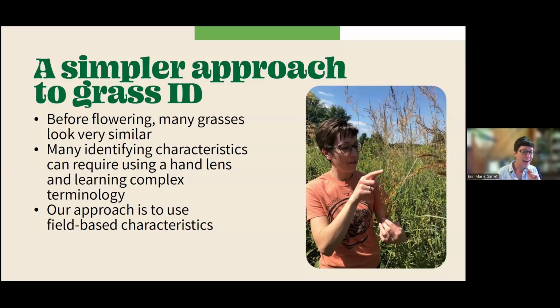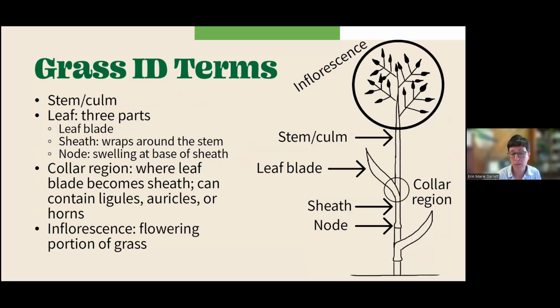Some of us that don't have the best eyesight might benefit from a hand lens, but we're not going to be using super complex terms or need to be in a lab looking under a microscope. So we're not going to be as technical. We're not going to have as many specific measurements of grass parts, but we're going to try to keep it as approachable and user-friendly as possible. So we're going to jump right in and start with a brief review of our terms so we're on the same page, because we're going to use these on each grass we talk about today.